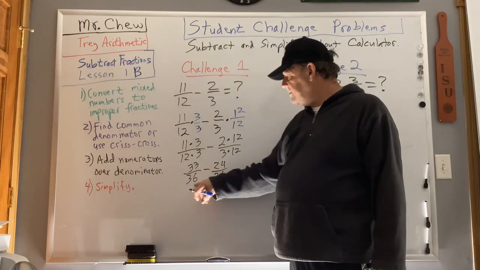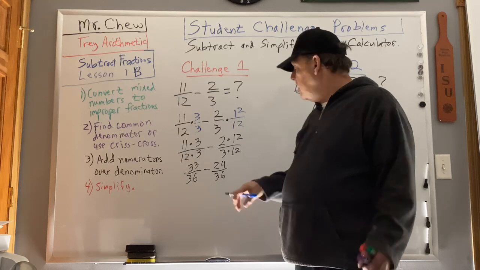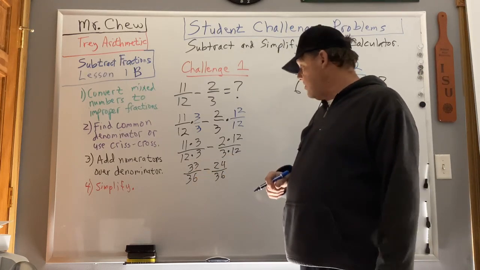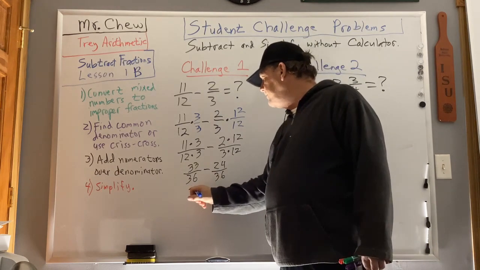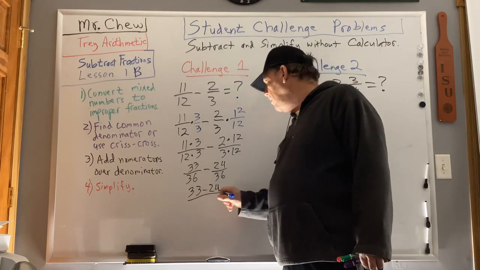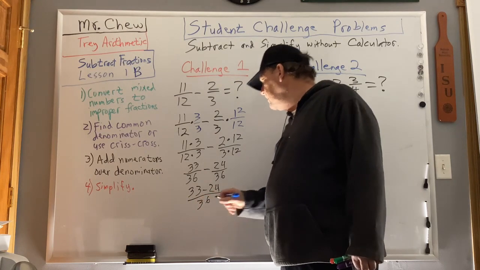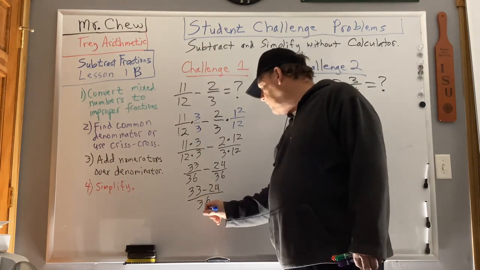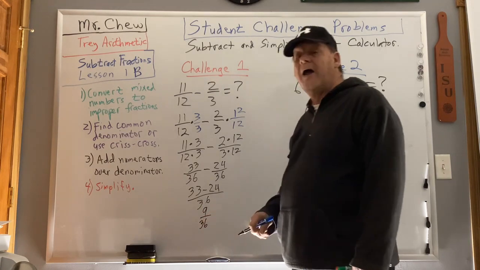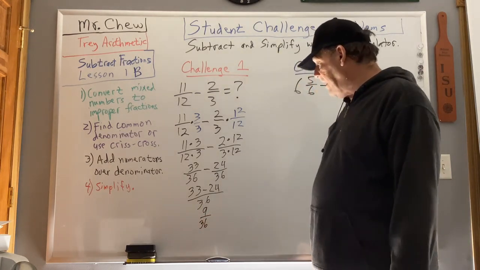So anytime I have the same denominator, which I do, now I can perform the operation, which is subtraction, in the numerator. So I have 33 minus 24 over 36. And 33 minus 24 is 9. And 9 over 36 is my answer, but it is not simplified.